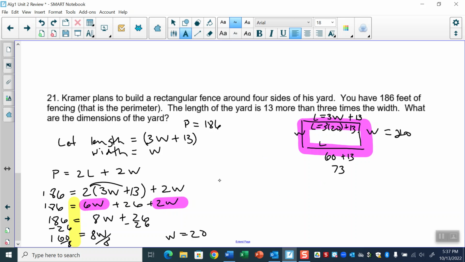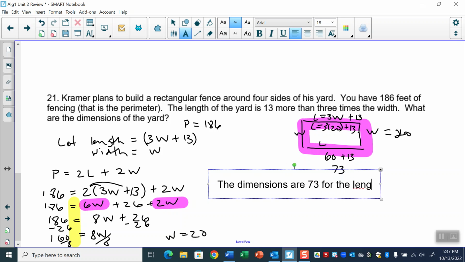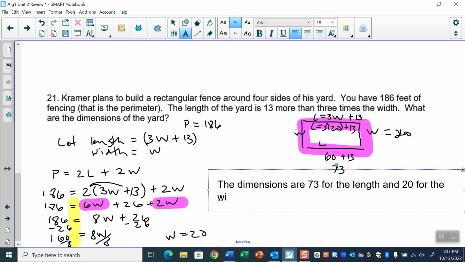It says, what are the dimensions? The dimensions are 73 for the length and, oh, I can't even read my own writing. What the heck? Oh, 20 for the width.